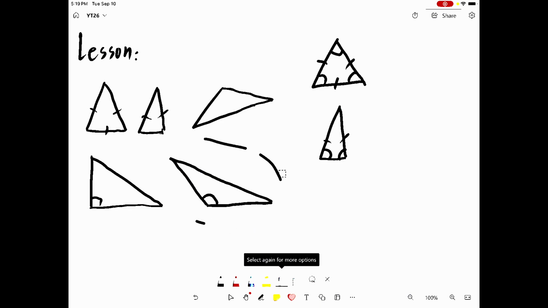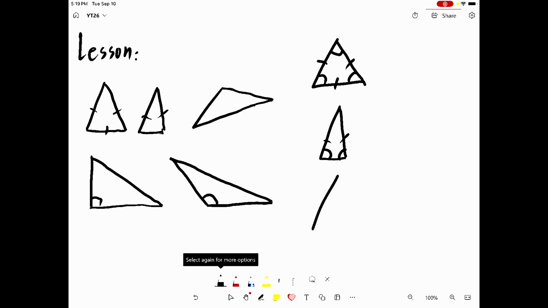Now, the 6th kind of triangle, some people like to call an acute triangle, where all 3 of the angles are acute and none of them are right or obtuse. But in my opinion, that's kind of like a normal triangle. It's very common. I don't think that's much of a special triangle. But if you want to include that, you definitely can. There is nothing against that.